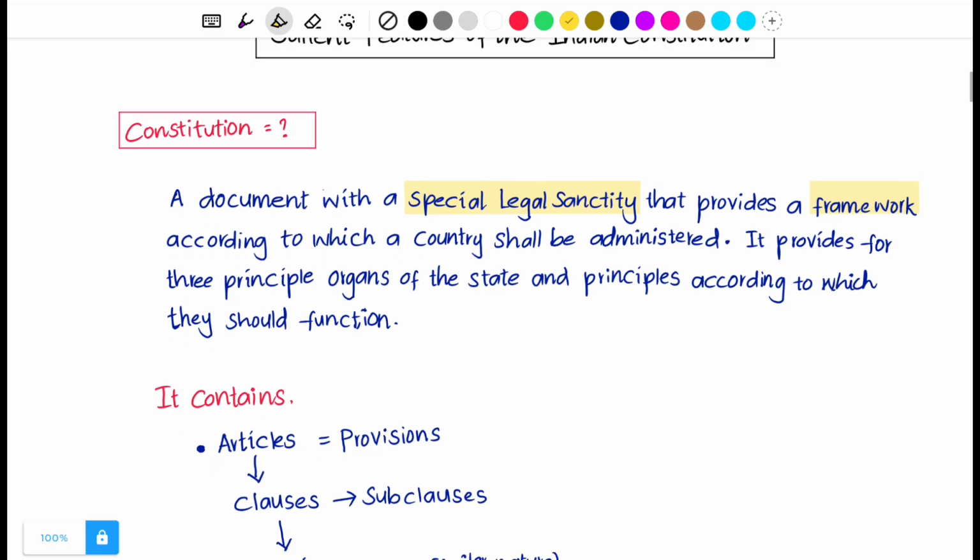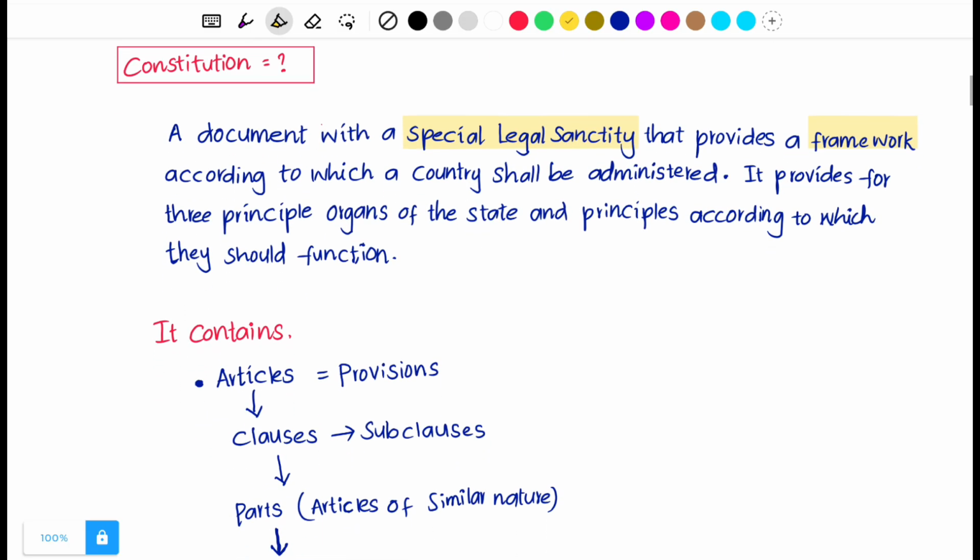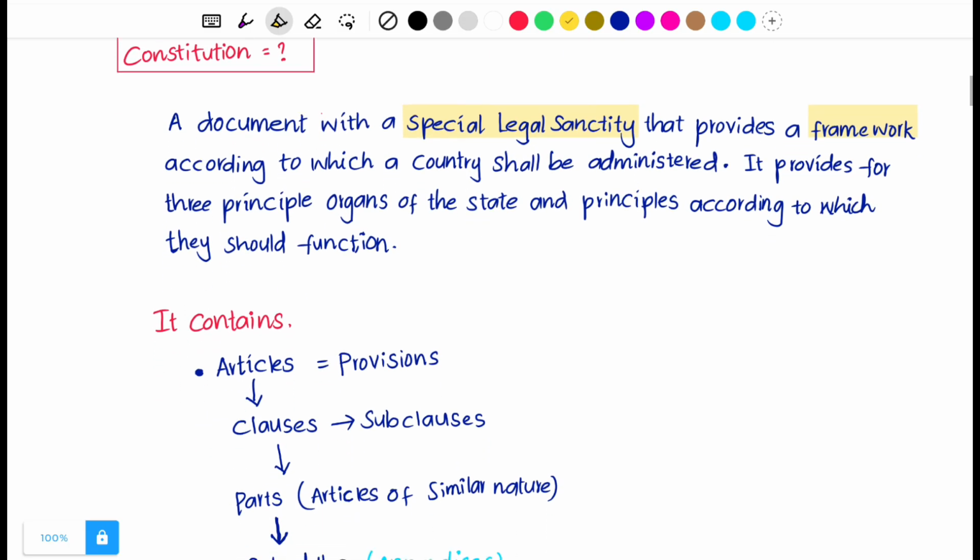We all know the Constitution. We often hear words like articles, clauses, or parts while reading polity. Let's try to understand those terms. Articles are, simply put, provisions in the book. Let's say they are a set of rules present in the Constitution.